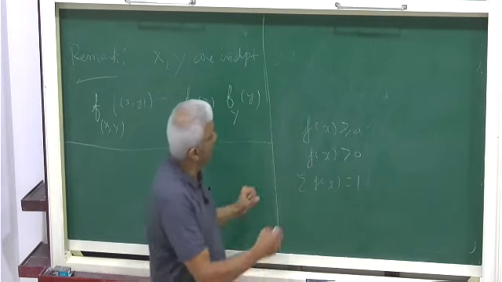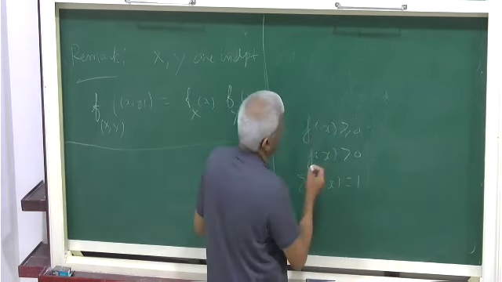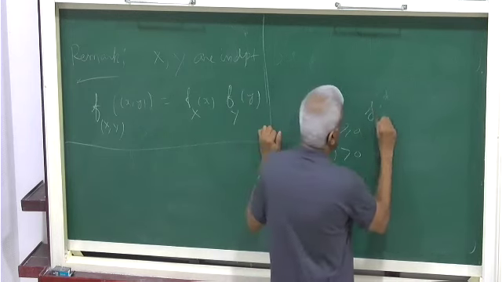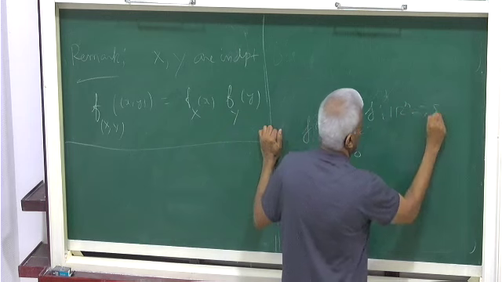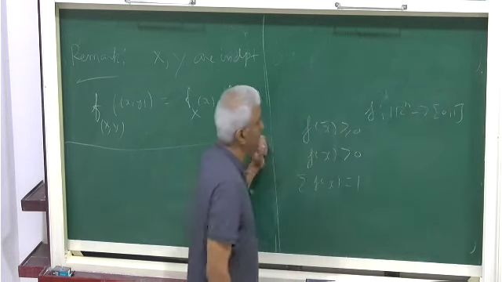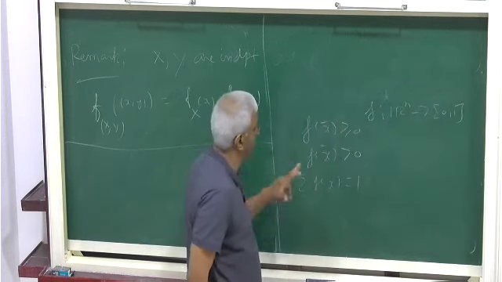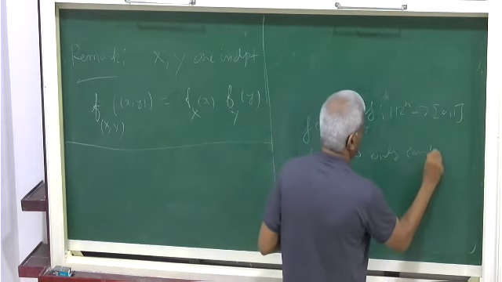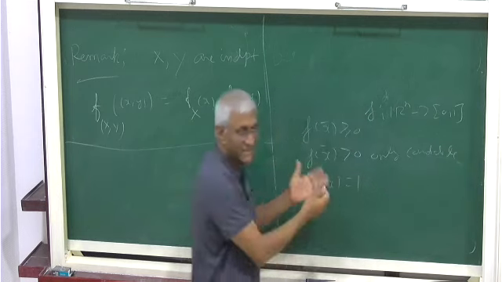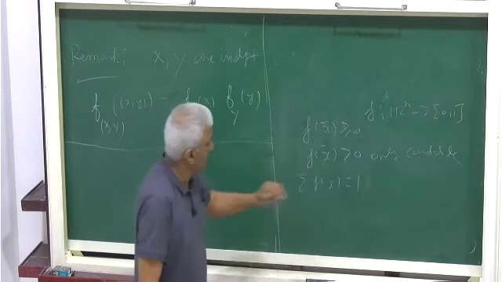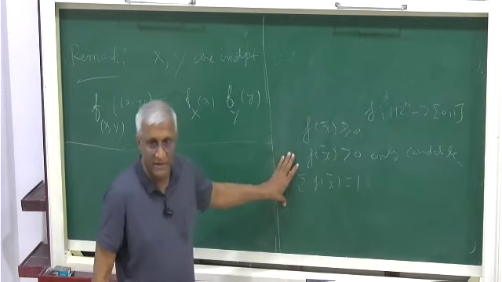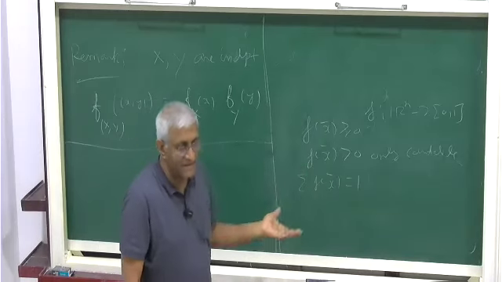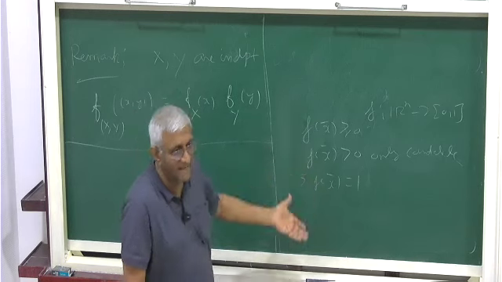Similarly, if we have a function on a vector space, f from R^n to [0, 1], such that f of x bar is greater than 0 only for countably many points, and the summation of f of x bar equals 1, then there is a probability space and a random vector and all that.